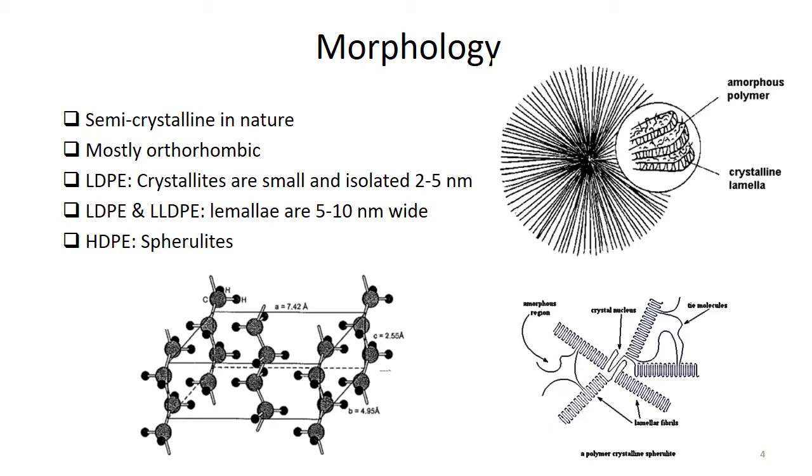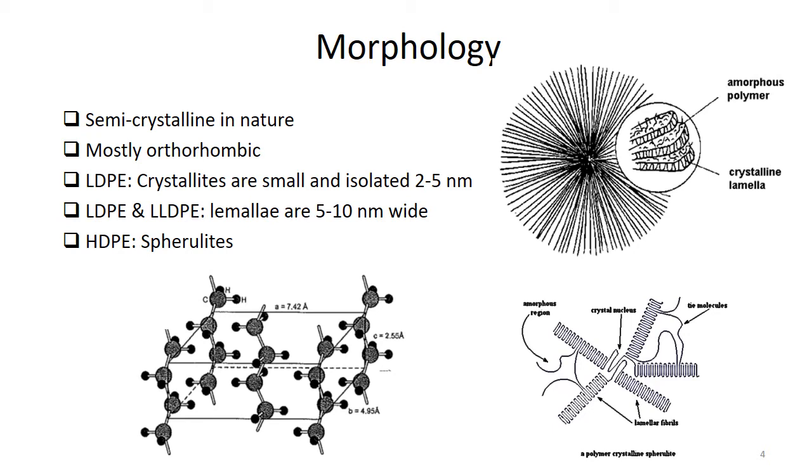Basically, high density polyethylenes consist of stacks of lamellae with their planes approximately perpendicular to the principal orientation direction, that is, their chain axis aligned with the orienting force. You can remember it like this: in high density polymers, spherulites exist.